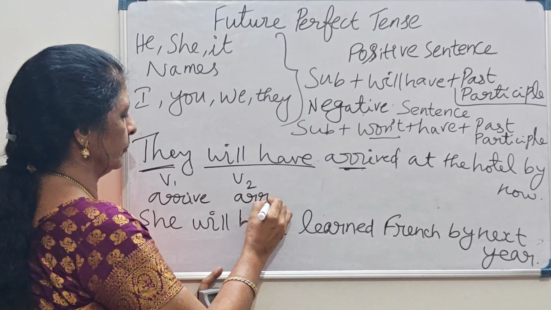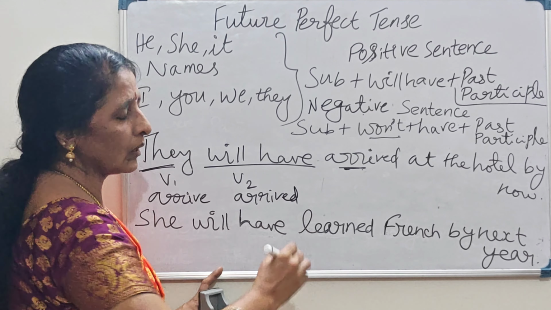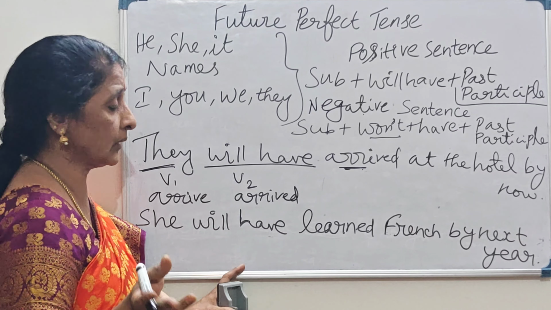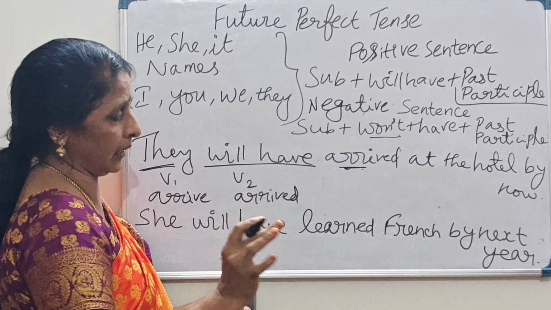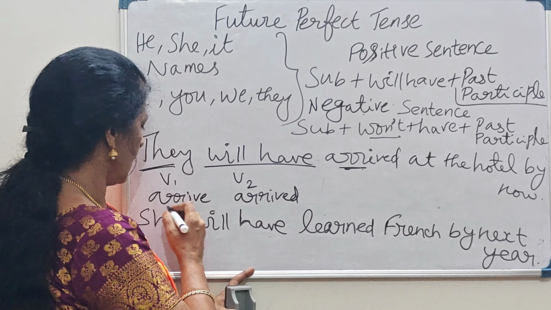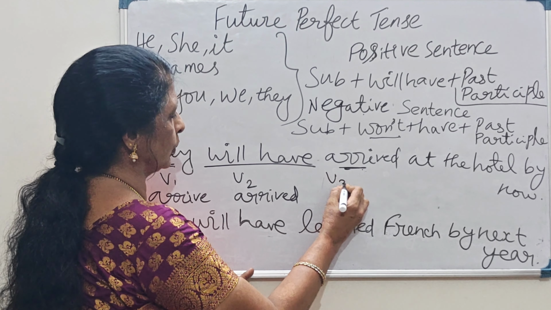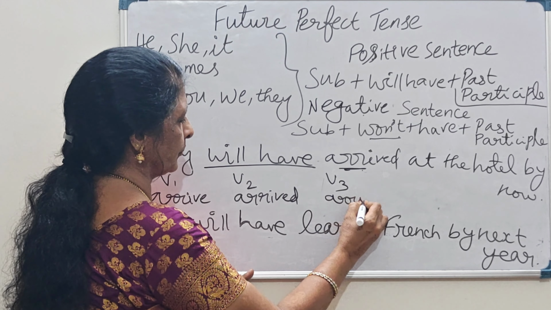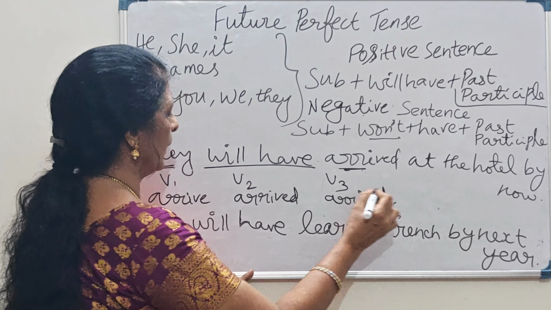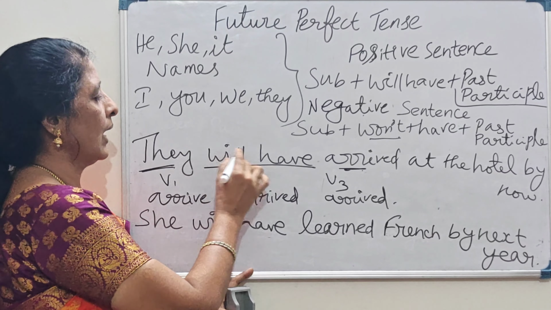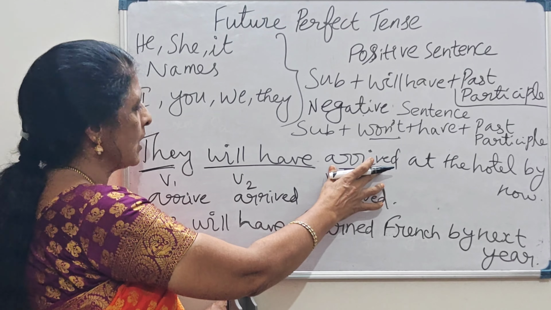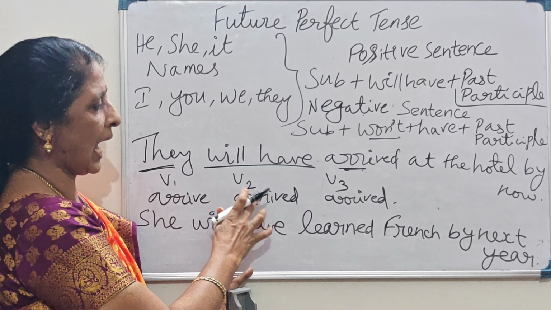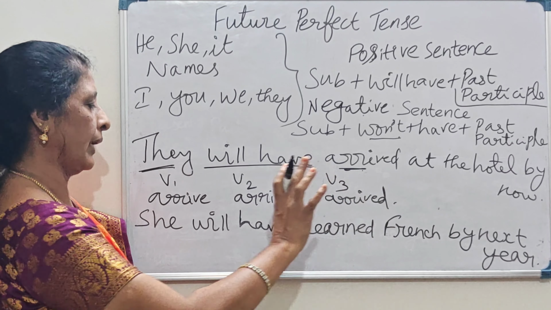Irregular verbs are like sang, drunk, done, taken, broken, given. These are irregular verbs. Arrive, arrived, V3 also arrived. Here subject, will have is for future perfect tense, and plus we have to write the past participle. So they will have arrived at the hotel by now.